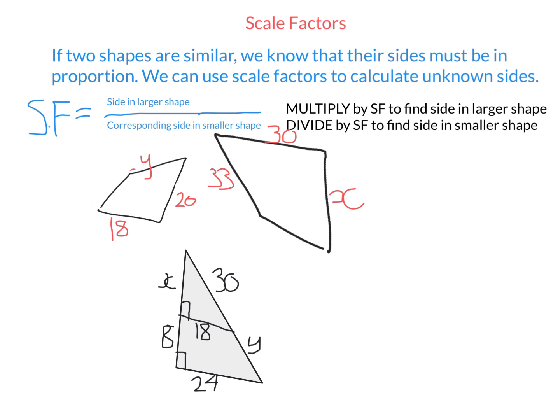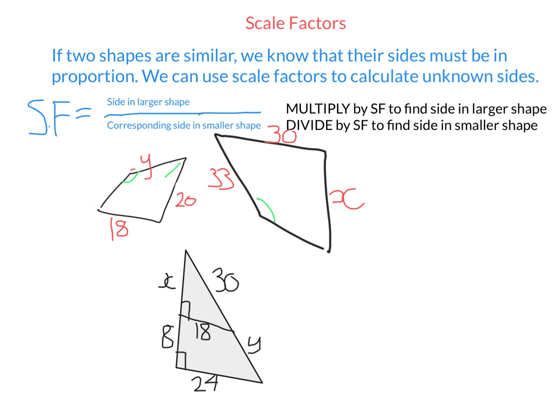So let's look at these two shapes here. I'm telling you that they're similar. I want to use that to find the value of x and y. So first I need to make sure I can match up corresponding sides. That can be a bit tricky. Sometimes marking the angles will help you. So for example, this is clearly the largest angle in the smaller shape, so it will correspond to the largest angle here in the larger shape.